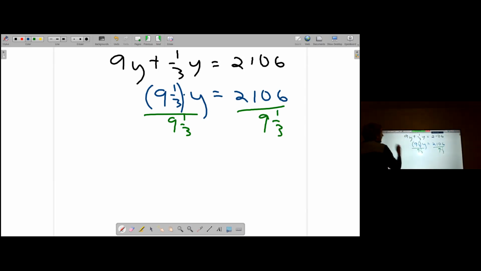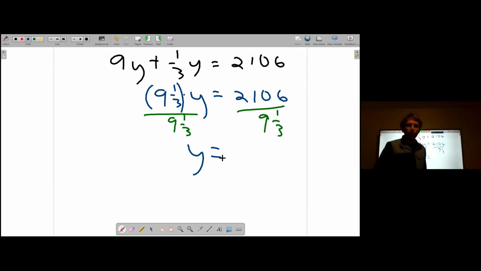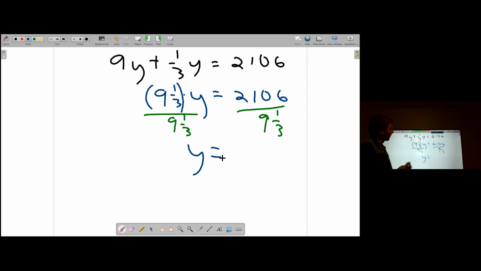And we have y is equal to... I need a calculator. I actually don't have a calculator. So it's whatever it works out to be, some ginormous number, I guess. Well, I guess not huge because we're dividing. But yeah, whatever that is.